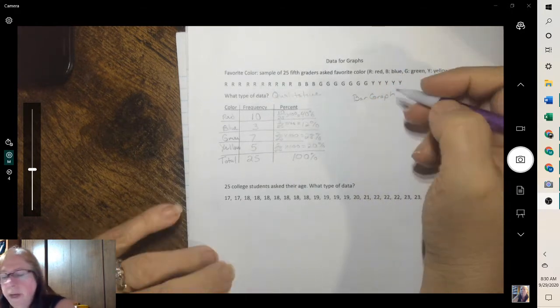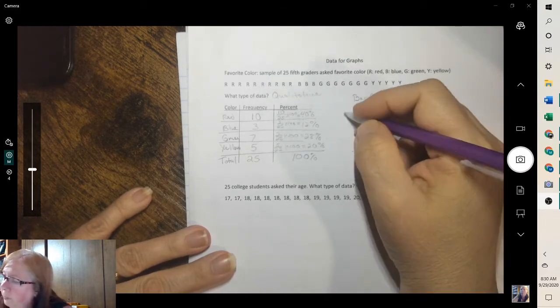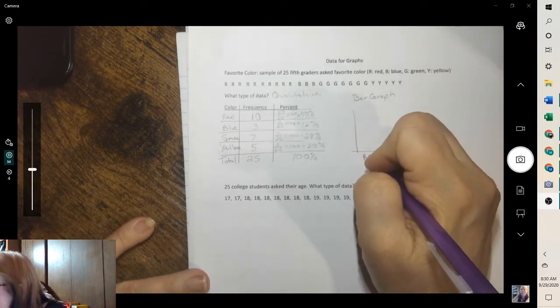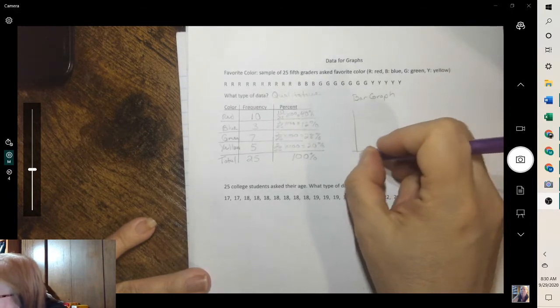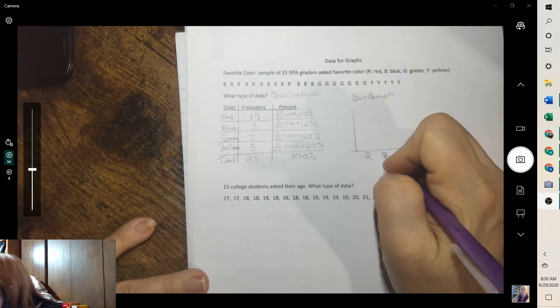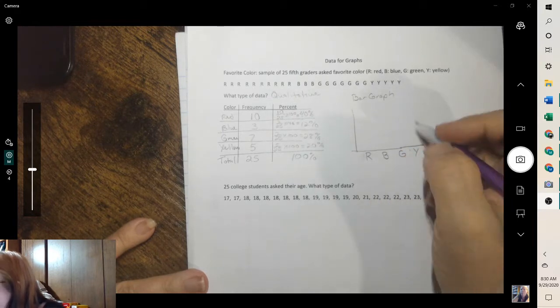To make a bar graph, your frequency goes up the side and your colors go across. So we have red. I got a little more space than that. Red, blue, green, and yellow.